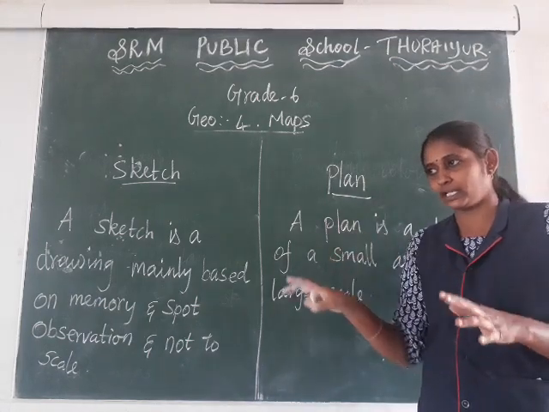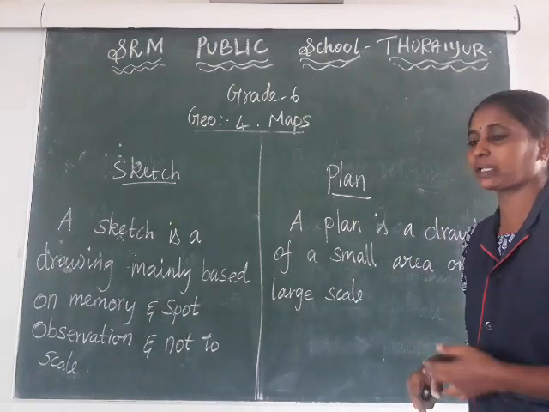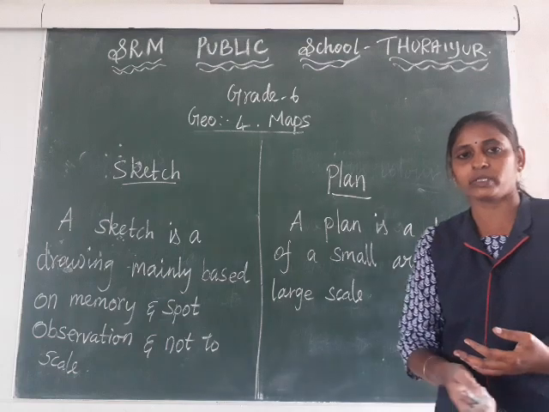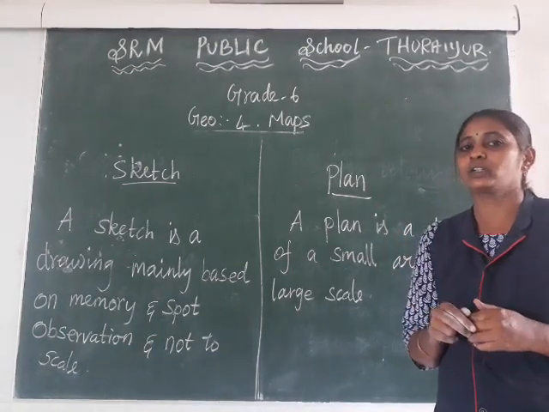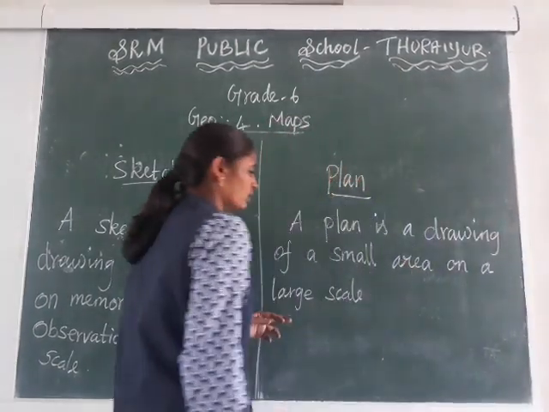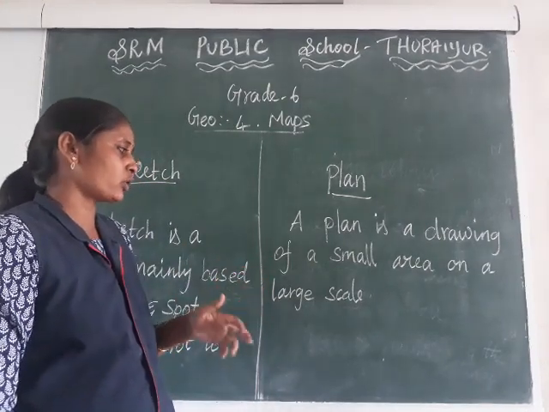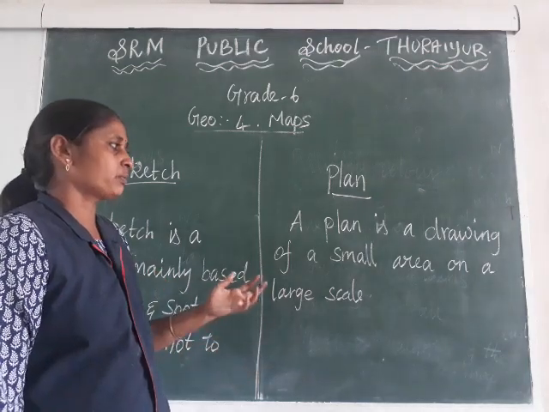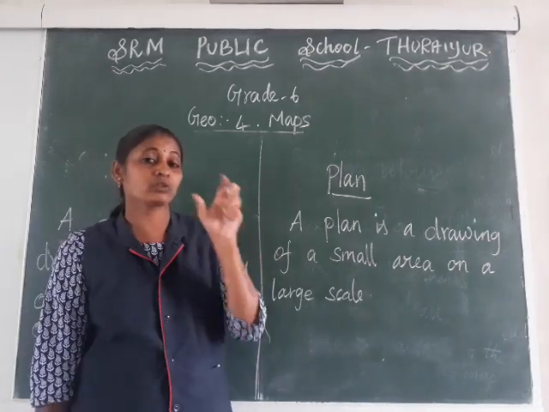So how much land we have, and how much we are ready to spend on that land. Like that he collects all the information. With the help of that information he makes a drawing. That drawing can be called a plan. A plan is a drawing of a small area on a large scale.